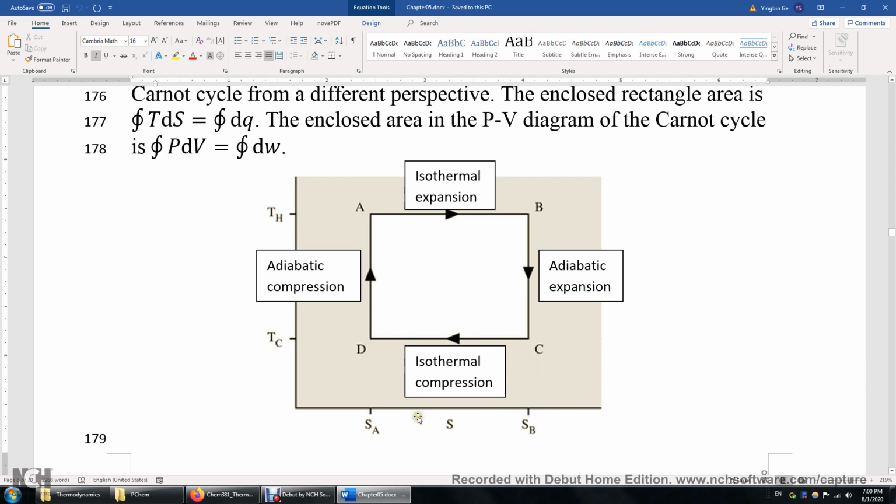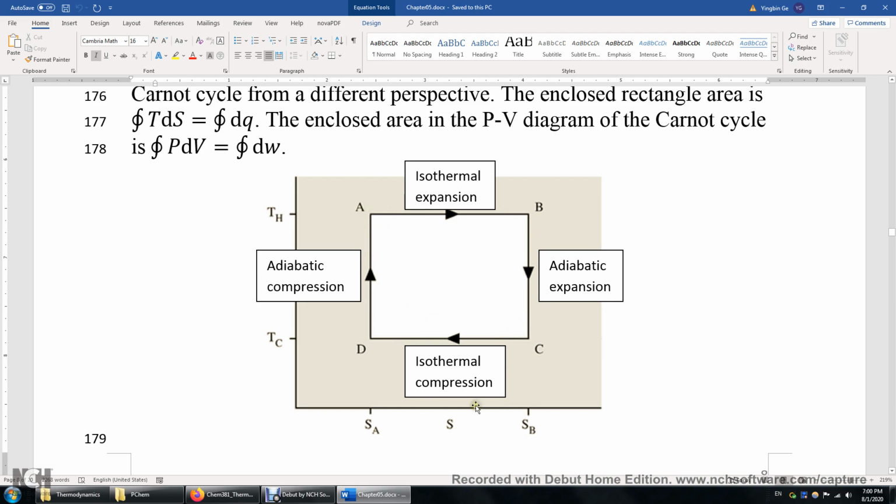Okay, so what's the difference? The difference is this rectangle. That's the amount of heat being converted to work. What about the adiabatic expansion, adiabatic compression? Well, there's no change in entropy, therefore the integral of TdS is 0. So there's no Q involved here or here.